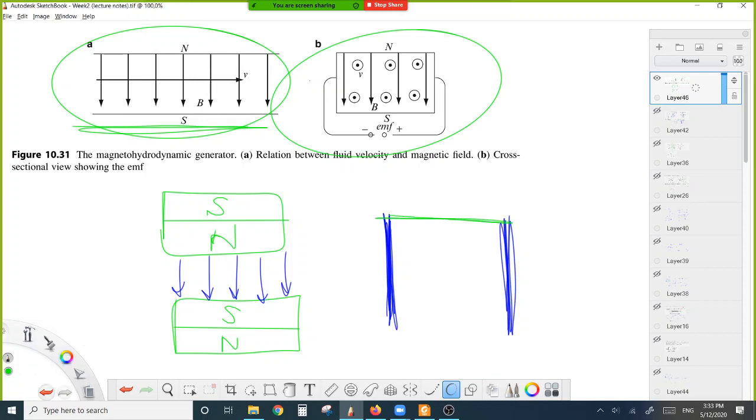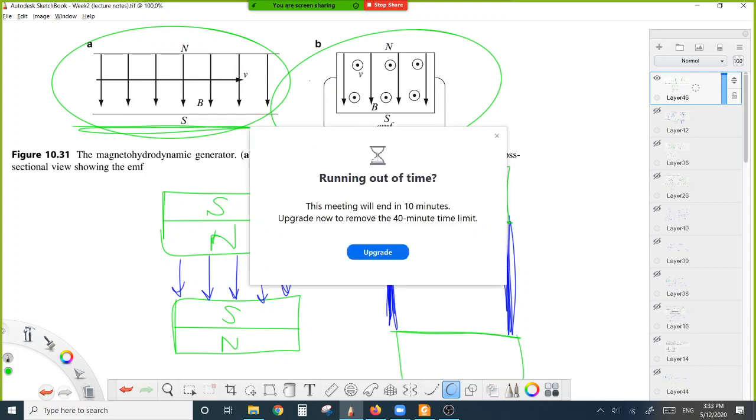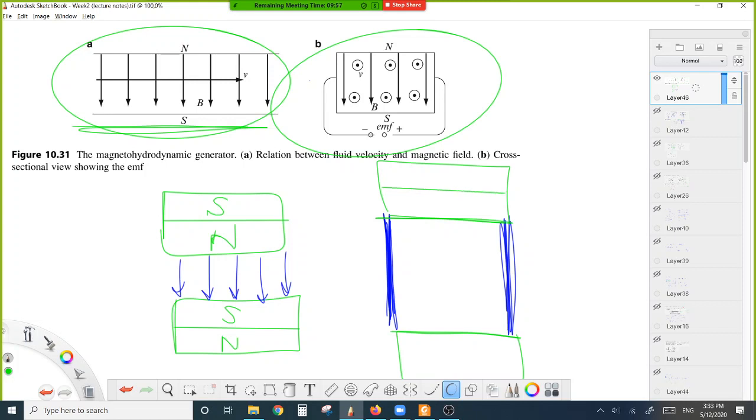These are our magnets, with north and south and north and south, and these are the magnetic field lines.